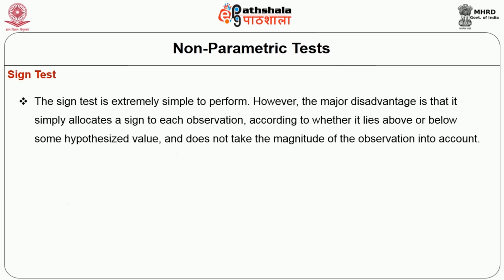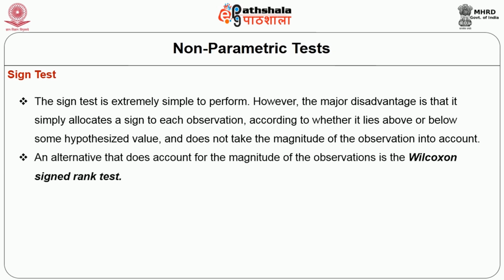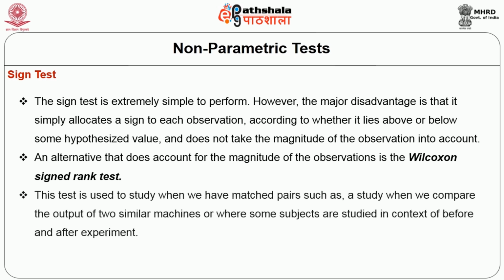The sign test is extremely simple to perform. However, the major disadvantage is that it simply allocates a sign to each observation according to whether it lies above or below some hypothesis value and does not take the magnitude of the observation into account. An alternative that does account for the magnitude of the observation is the Wilcoxon rank test.